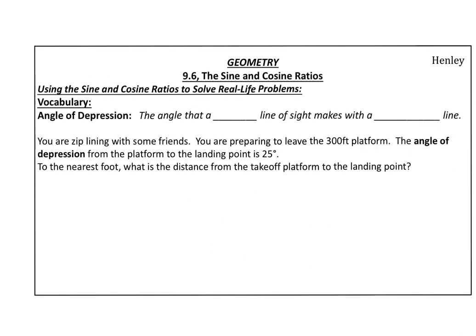When we learned about tangent, we learned about angle of elevation. Now we're going to talk about the angle of depression. The angle of depression is the angle that a downward line of sight makes with a horizontal line.